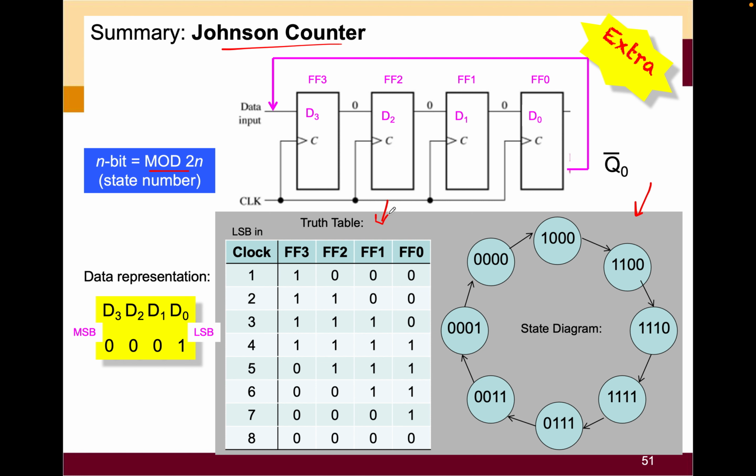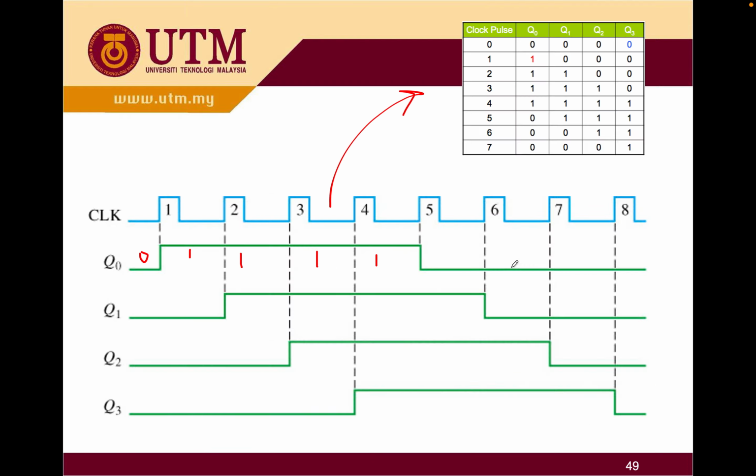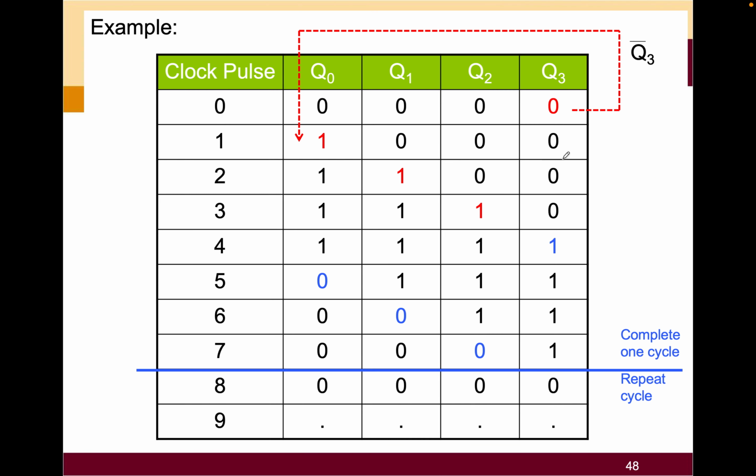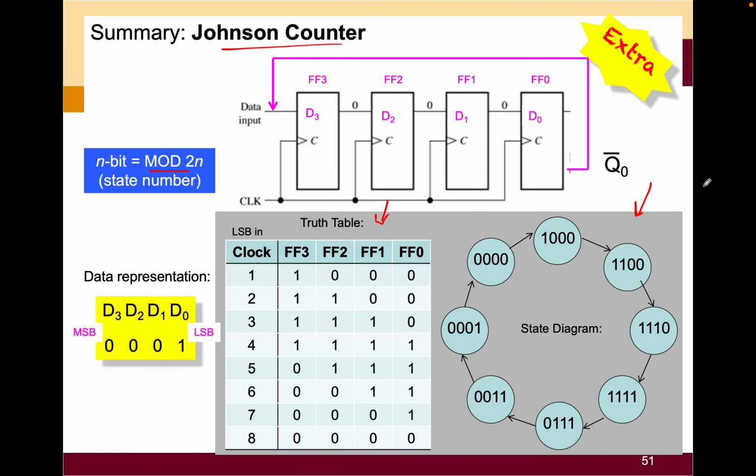I was also confused looking at the table, but in the state diagram, we're going to have 0 0 0 0 starting at the similar part. What will go after this? 1 0 0 0. So you can see it's following the state diagram here. Then it goes to 1 1 0 0, 1 1 1 0, 1 1 1 1, 0 1 1 1, and the rest. So you're following the sequence of your truth table.